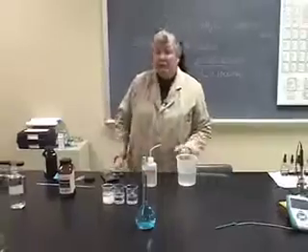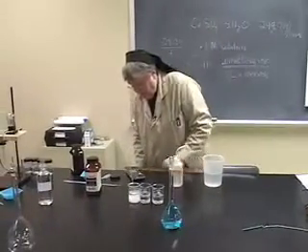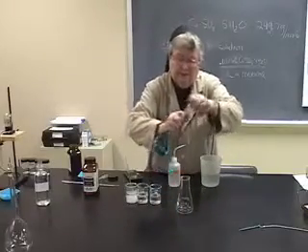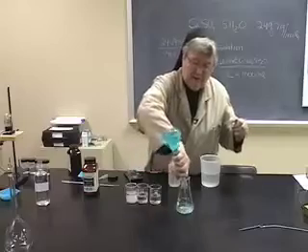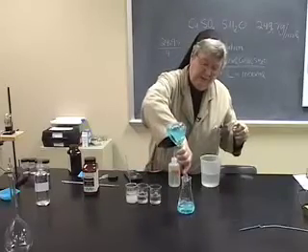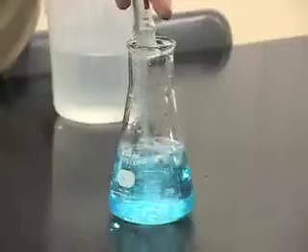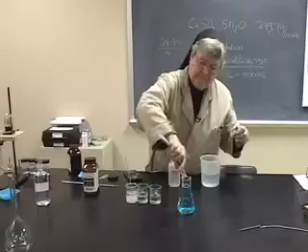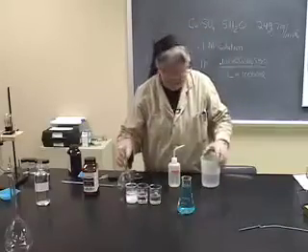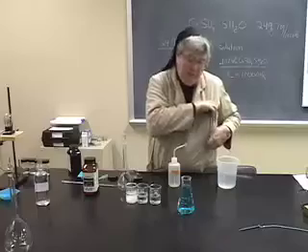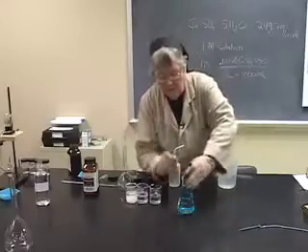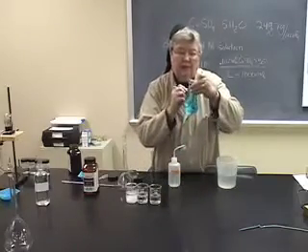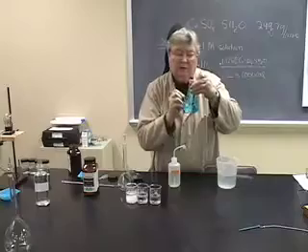So there will be my solution of 0.1 molar copper sulfate. And usually you don't store things in there, so I'll put this into a 250 milliliter bottle and label it 0.1 molar copper sulfate.